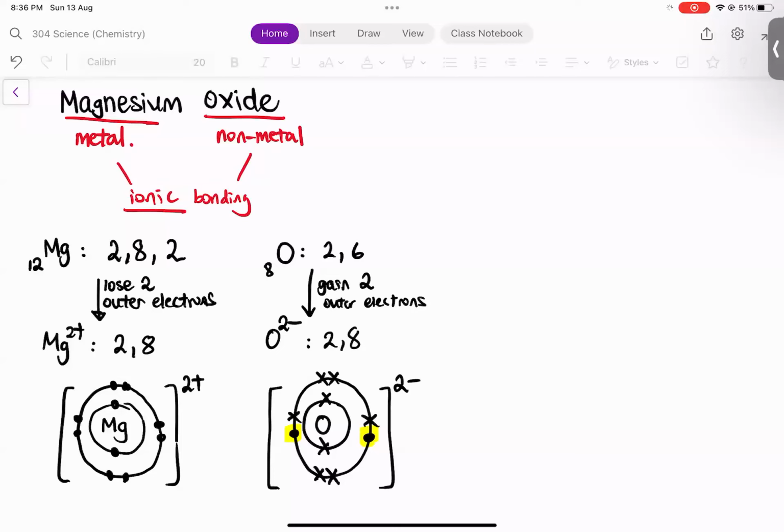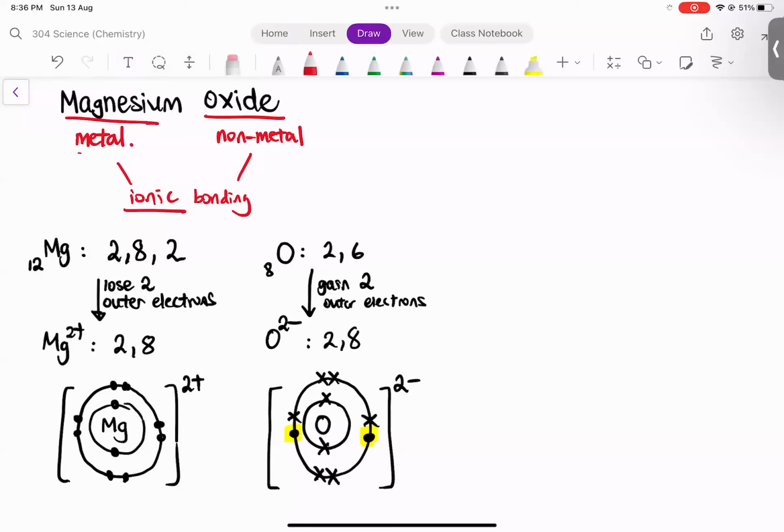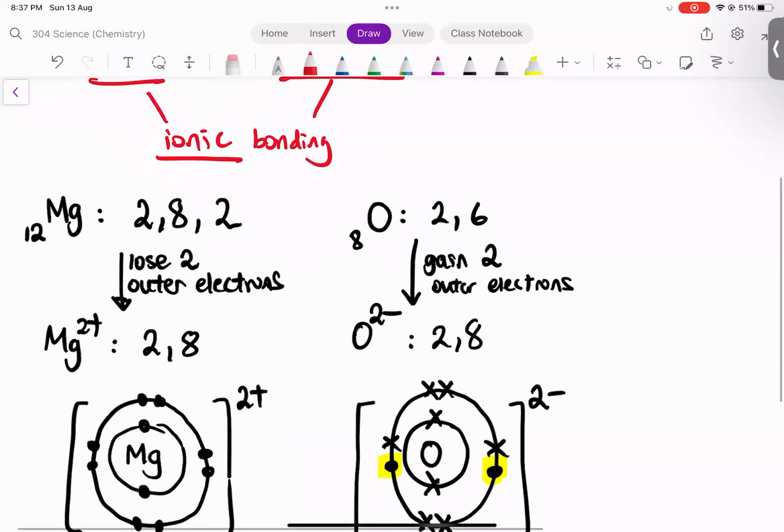So whenever you see metal and non-metal, this tells you the bonding must be ionic bonding. Ionic bonding exists because the metal loses valence electrons, the non-metal gains valence electrons. So let's go through this in detail once more.